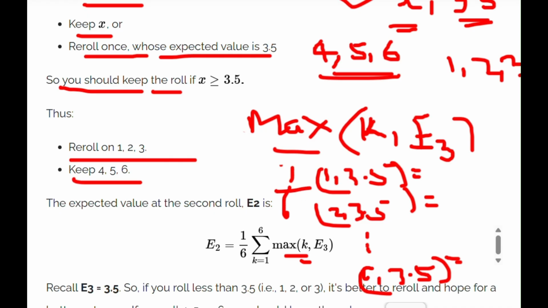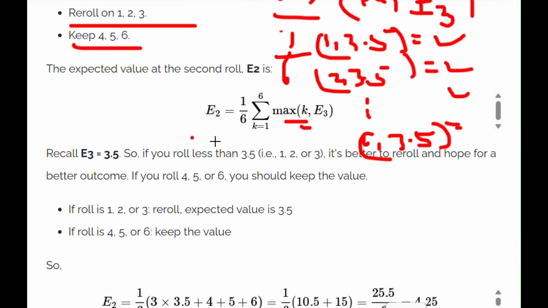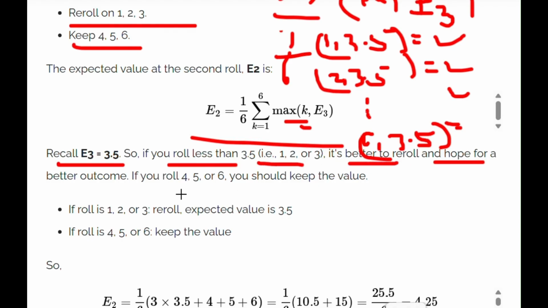So the first three terms would be 3.5 because 3.5 is greater than 1, 2, and 3. And then the last three terms would be 4, 5, and 6. So this is what this will expand into. E3, as we calculated, is 3.5. So if you roll less than 3.5, it's better to re-roll and hope for a better outcome.